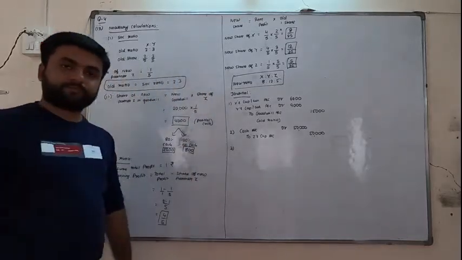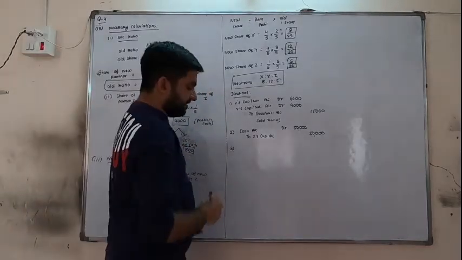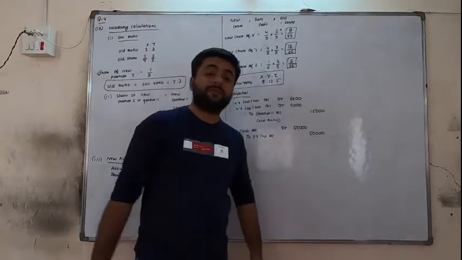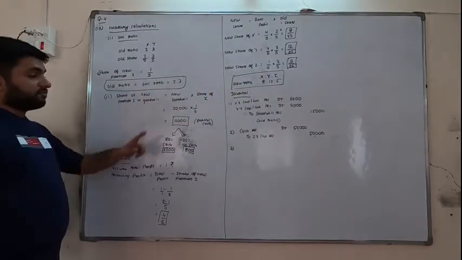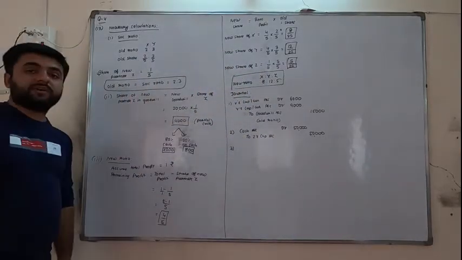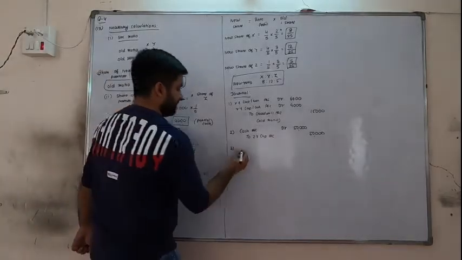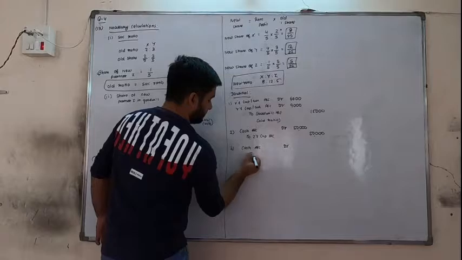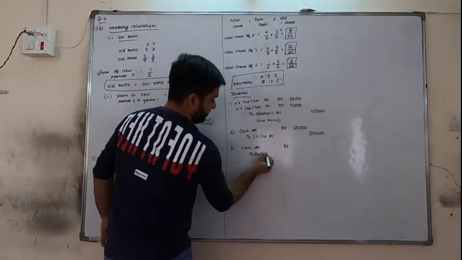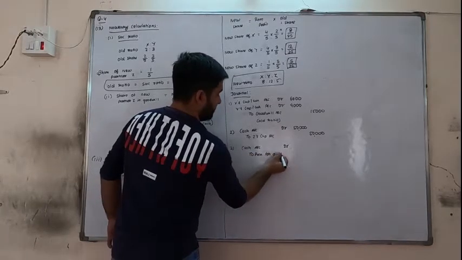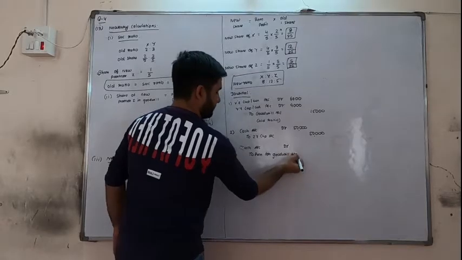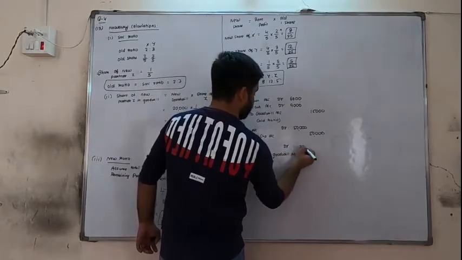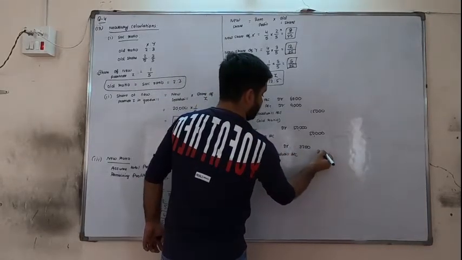Now third entry is regarding bringing the goodwill premium in cash. Out of 4,000, 3,200 is only brought in cash. So entry would be cash account debit to premium for goodwill account. Amount 3,200.